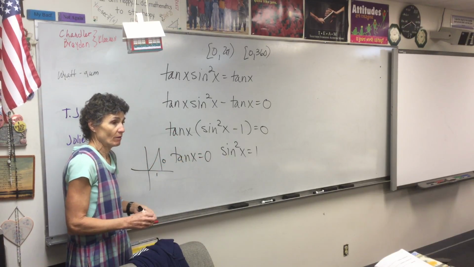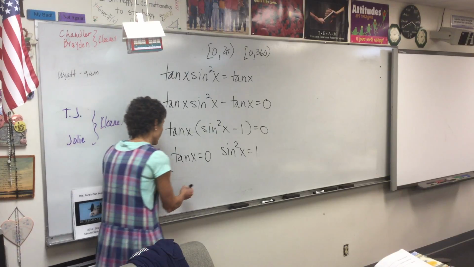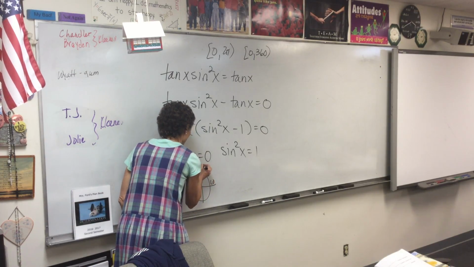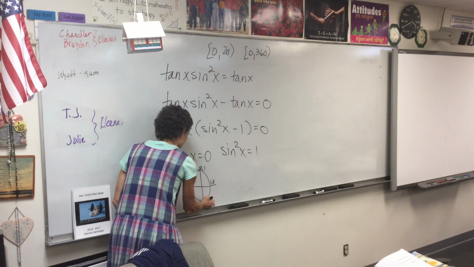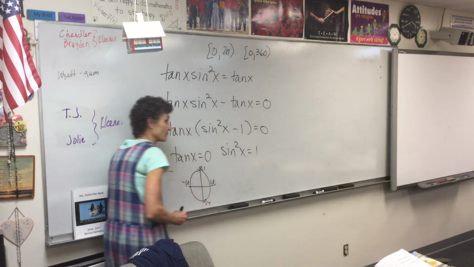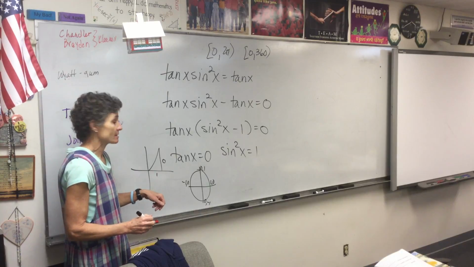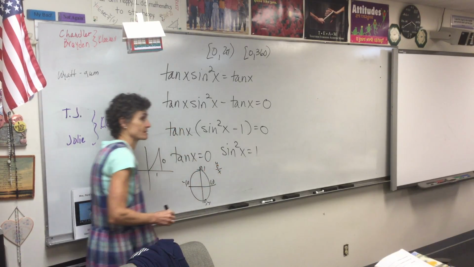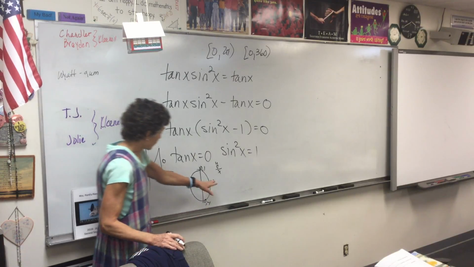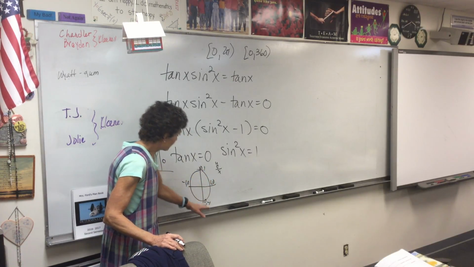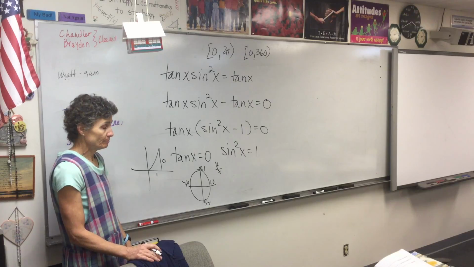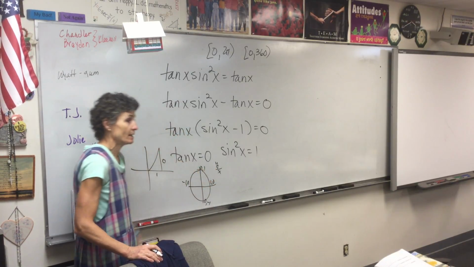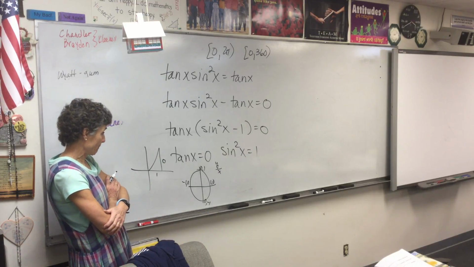We draw a circle, and we let the radius be 1, and we go around the circle, and we find places where if you did the tangent, which is y over x, you would get 0. So as you go around, where does it happen that if you put the y coordinate over the x coordinate, you get 0? Where does that happen?